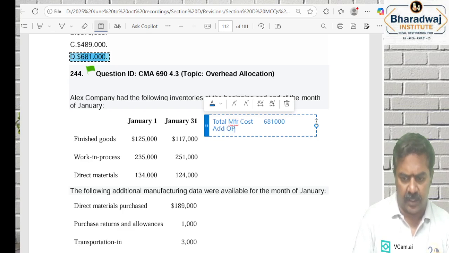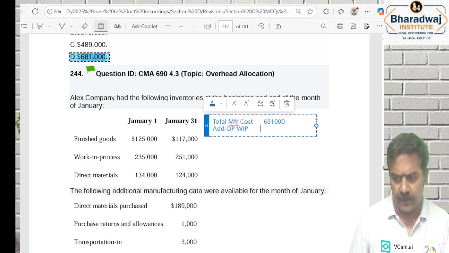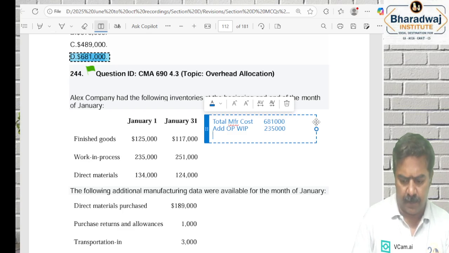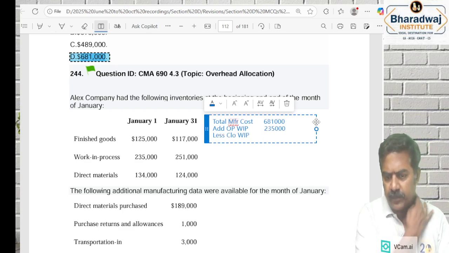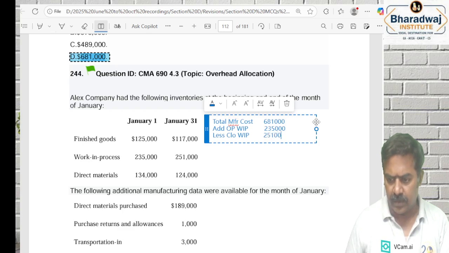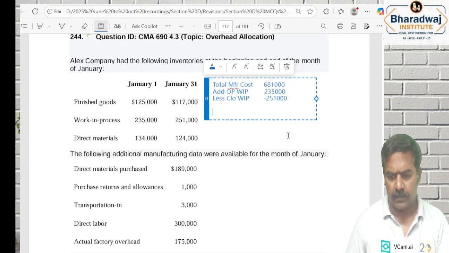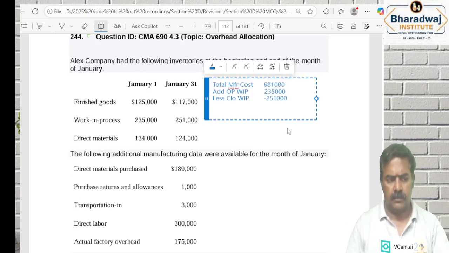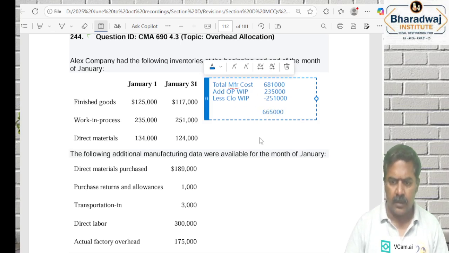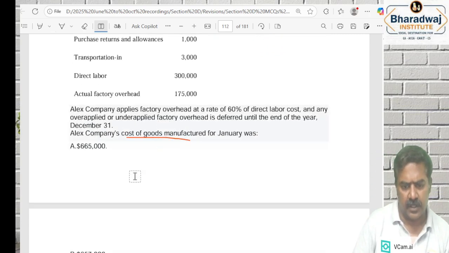Add opening work in progress, 2,35,000, less ending closing work in progress, 2,51,000. This will give us cost of goods manufactured. 6,81,000 plus 2,35,000 minus 2,51,000 is 6,65,000. Cost of goods manufactured is 6,65,000. Answer is A.